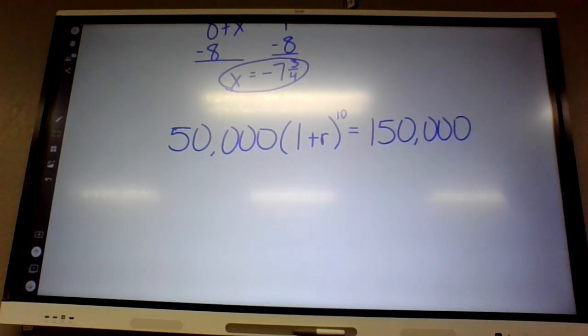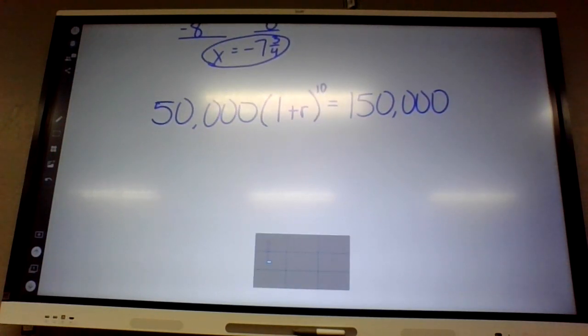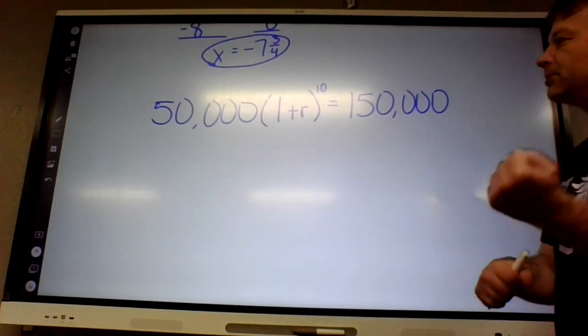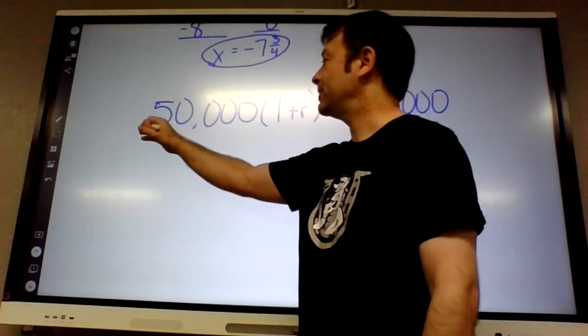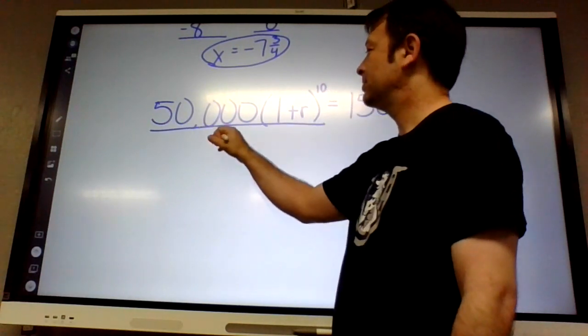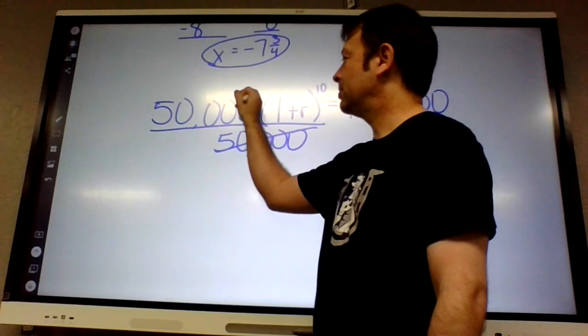All right, math geniuses, how do we get to that R? Did you divide by the 50,000? Yes, 50,000 is multiplied, so I can get rid of it by dividing. Gone.